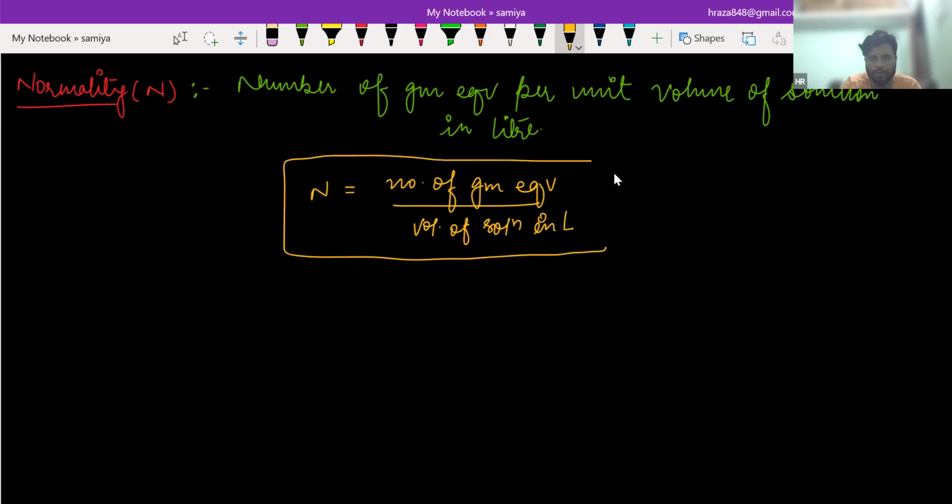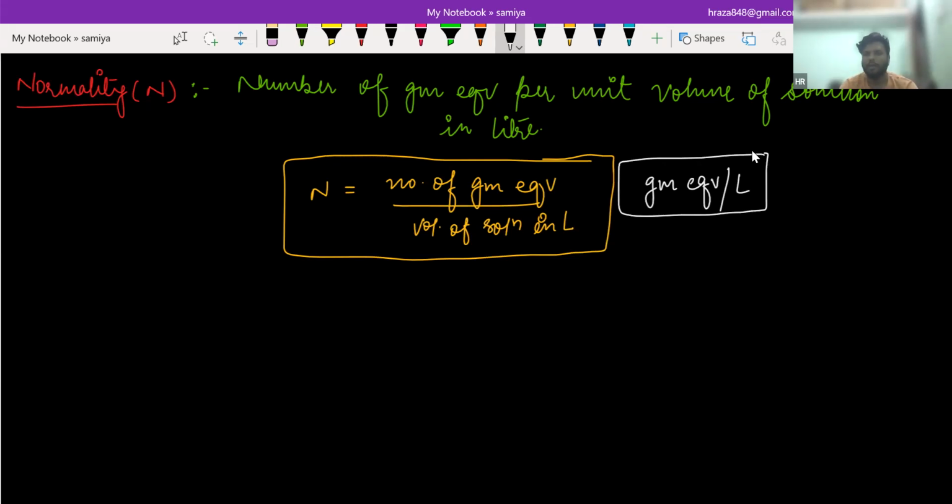So its unit is gram equivalent per liter. This is the unit of normality, or we also use directly N.